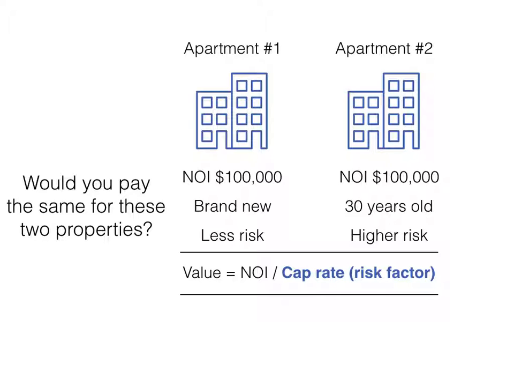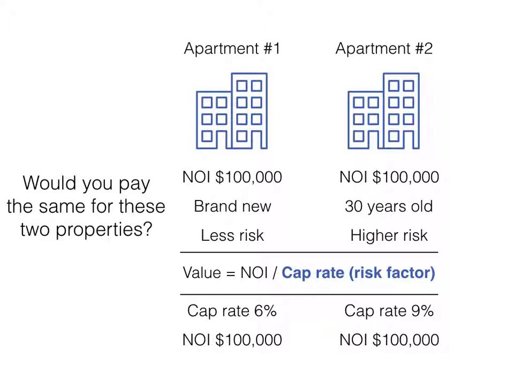We needed a way to measure the value of a property. Some people are going to pay all cash, some are going to take out a mortgage. So we need to exclude that in order to keep a consistent valuation methodology. For an example, in these two instances, a brand new property versus a 30-year-old property, a cap rate may be 6% for the new building and 9% for the older building.